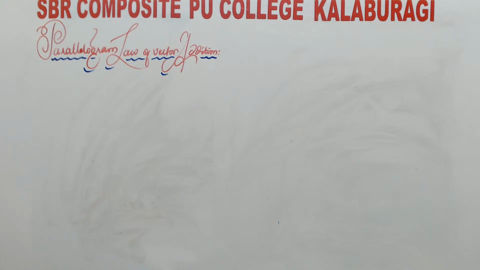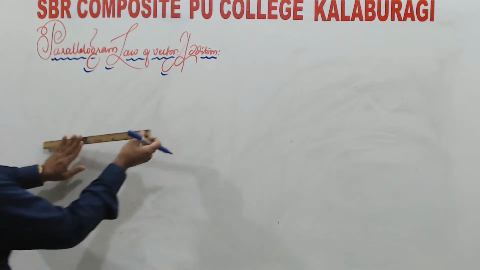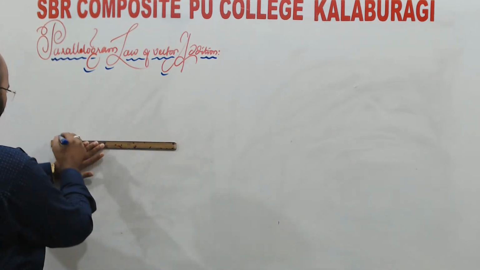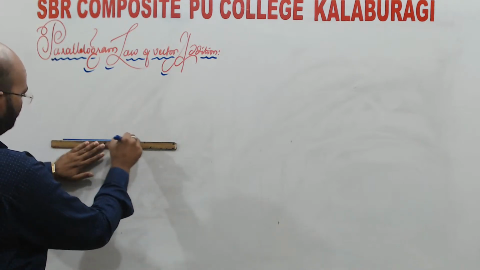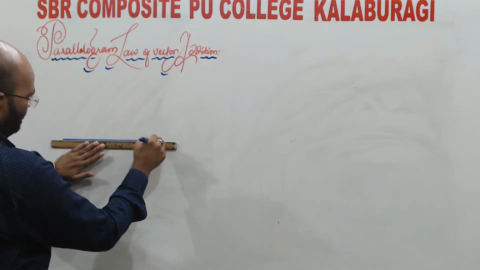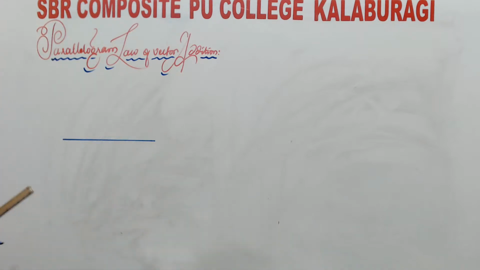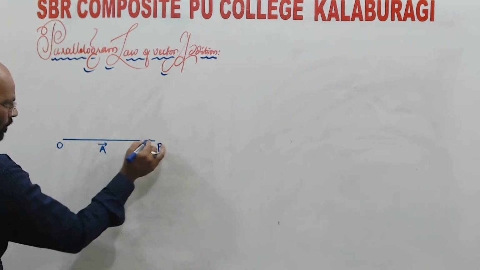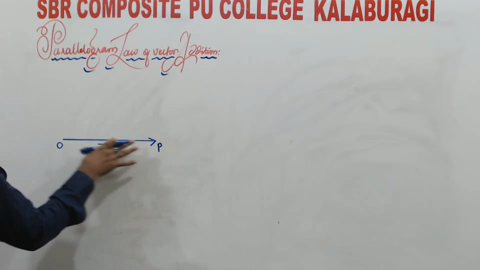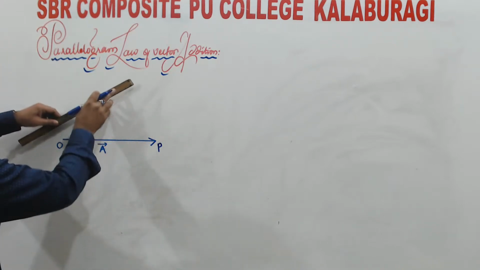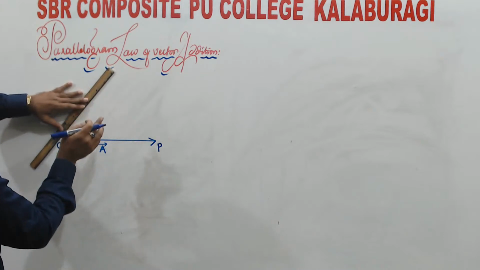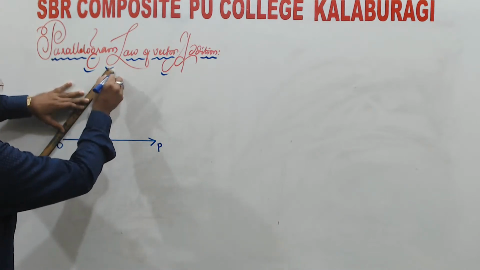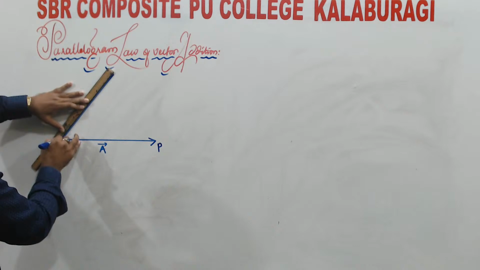So here we are considering two vectors. This is the first vector, taken in this direction. Say this is O, and this is P, so OP represents vector A. Similarly, here we consider one more vector, OQ.